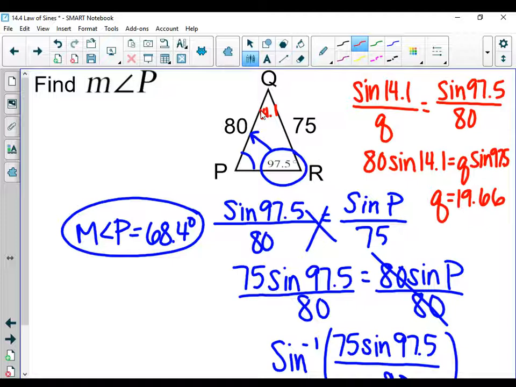And again, in reference to all my angles and my sides, since 14.1 is my smallest angle, then my side Q should also be my smallest side. Okay.